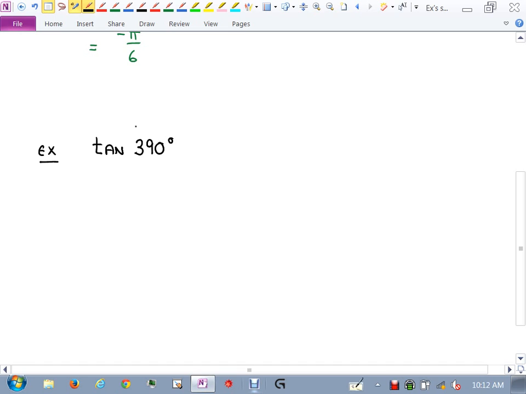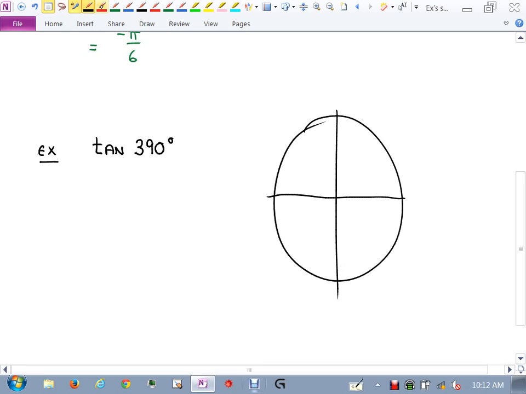Well, 390 is very close to what? 360. In fact, 390 is 30 more than 360. So if I go to my unit circle, 360 is all the way around, then I add another 30 degrees. So I'm really looking at the 30-degree mark, and that point is the point root 3 over 2, 1/2.